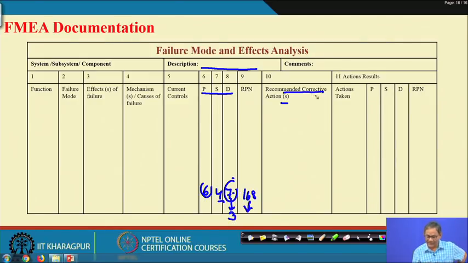So, that is the recommendation, what you should do so that detectability will be improved. Similarly, this you may require to improve it to 3. So, what you should do so that the probability of occurrence will be less. So, then 3 into 4 into 3, then this will be 3 into 4, 12 into 3, 36. So, RPN value will be reduced.